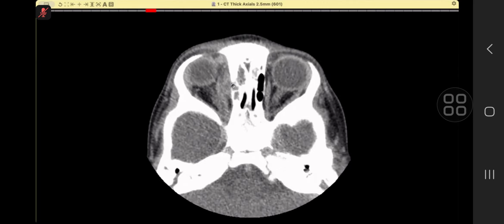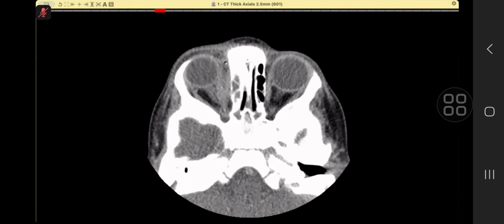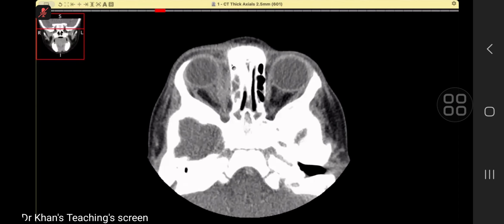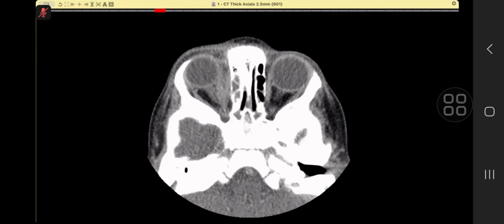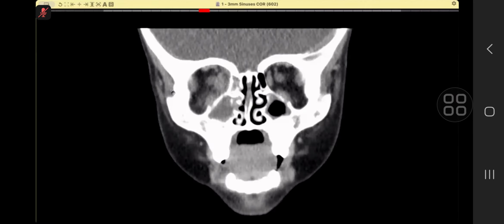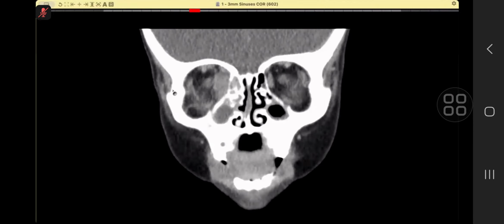So now you can see the bony defect very well where I am pointing out, and there is pre-septal extension, etc. So description wise, you have to be more elaborate for the examiner to give you full marks.